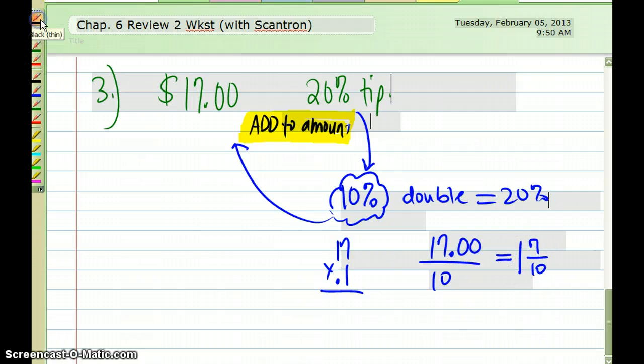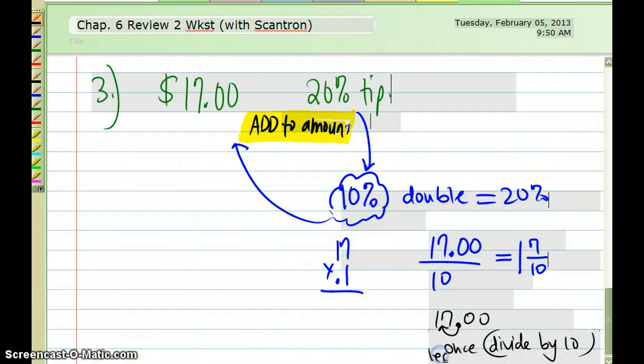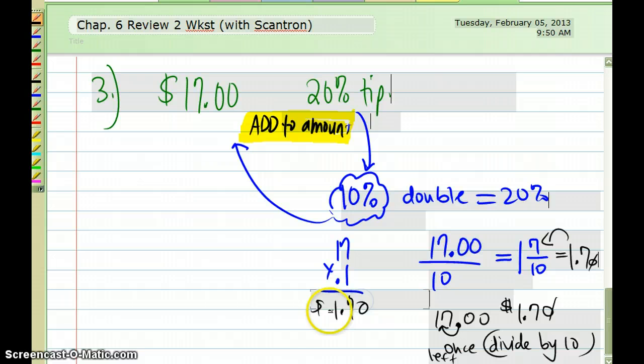Which is why I could take $17 and move the decimal once to the left, because I am dividing by 10, which gives me 1.7. That's the same as the fraction 1 7/10, 1.7. If I add another 0, that gives me 170, which is still the same answer that I get here. I'm showing you many different ways, but then I'm going to double that.